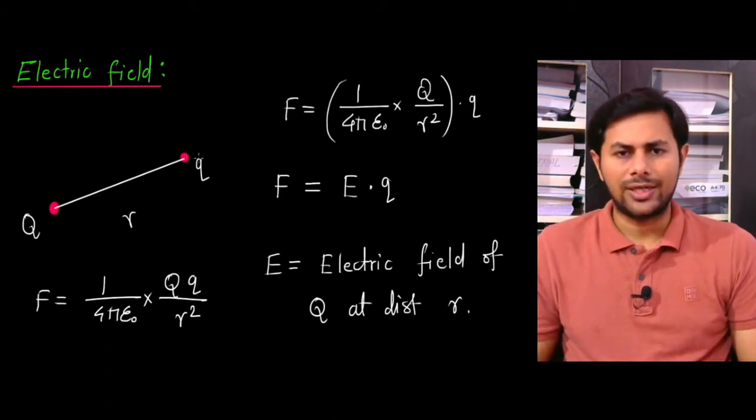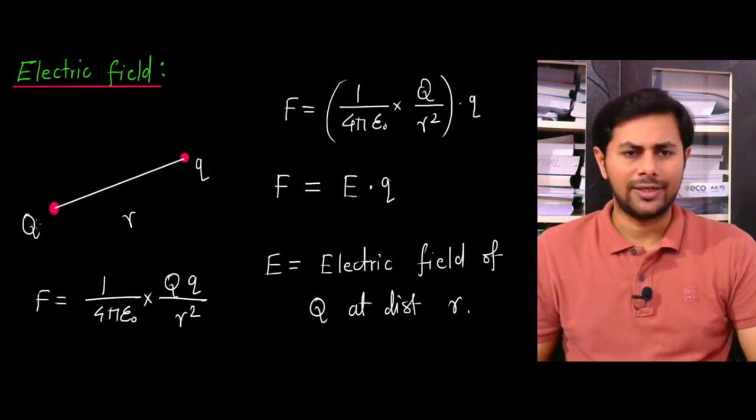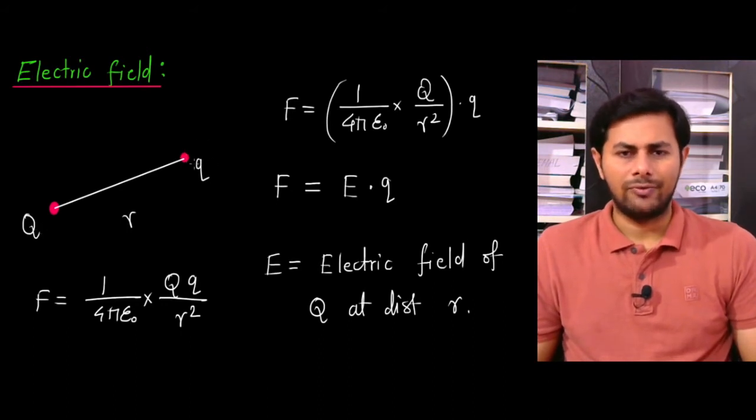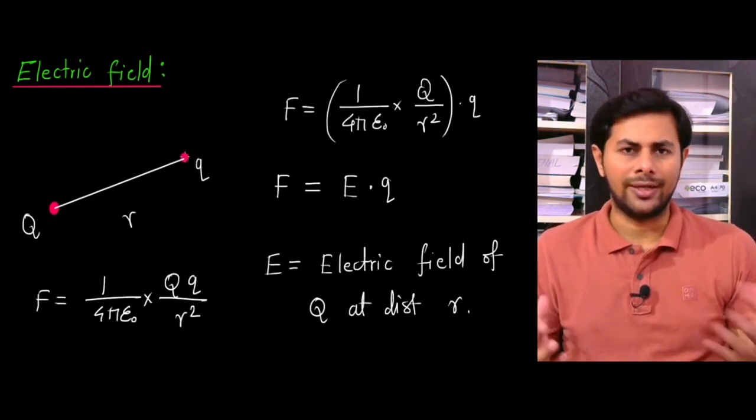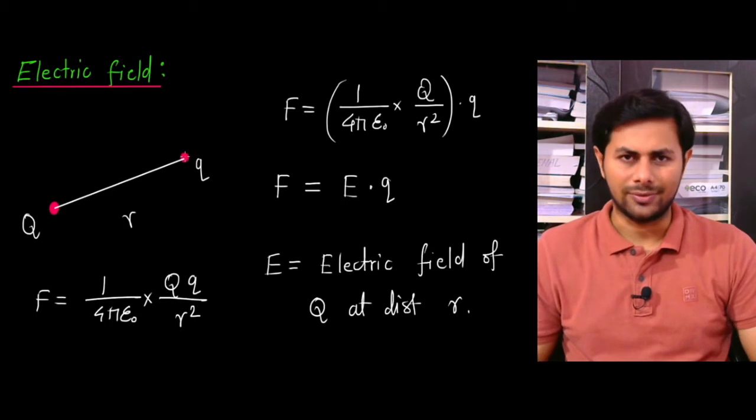So when we remove the charge small q from this point, what remains there is the electric field of the charge capital Q. And when we bring small q back, it experiences a force because it is kept in the electric field of charge capital Q.